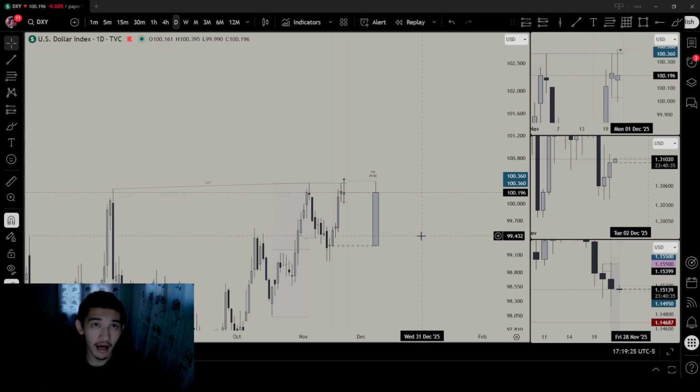We have CPI on Tuesday, which is a big thing, right? Which means the market is gonna move very deeply. Now it definitely makes sense for it to move without the SMT being there, which we're gonna talk about. And if it does go back and reverse, now stop loss, it's all cool.